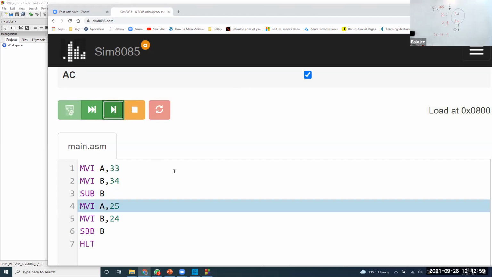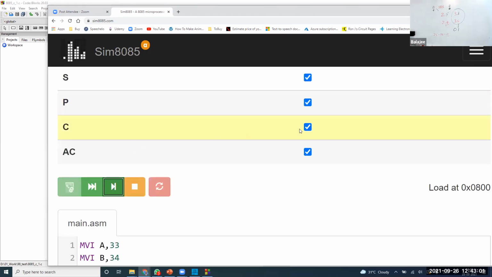The moment I do that sub borrow, the borrow flag is set to 1, because I borrowed 1. This borrow, forget it, because I've done only this operation.